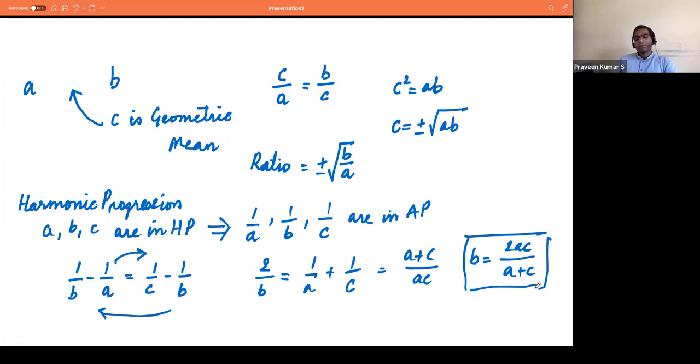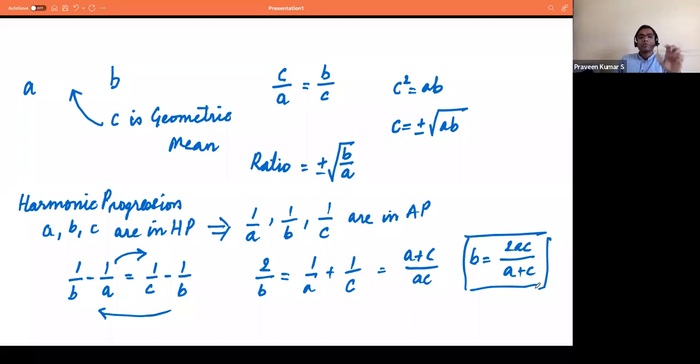So if you observe, whenever you have to calculate the harmonic mean, you just have to start by assuming that the reciprocals are in arithmetic progression, and then you calculate. Usually, not many questions are asked around the harmonic progression, but it is important that you know that concept.